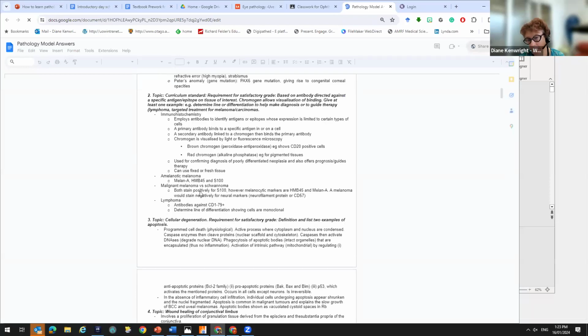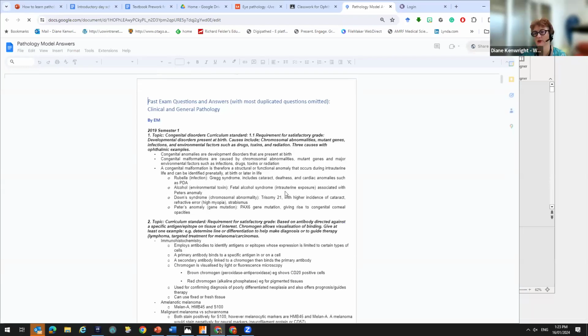They're just repeated and repeated and repeated. So if you generate model answers, then you will probably be able just to roll them out when you come to the exam. You can paste things into this when you find extra questions.